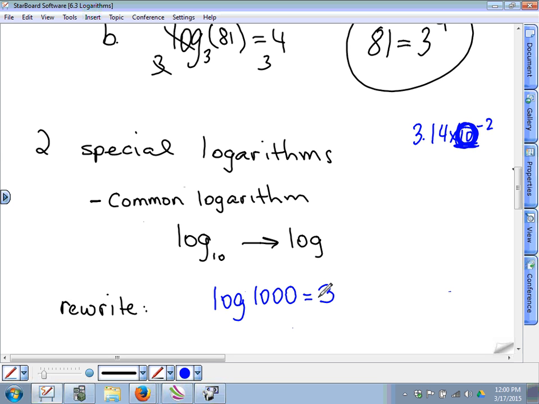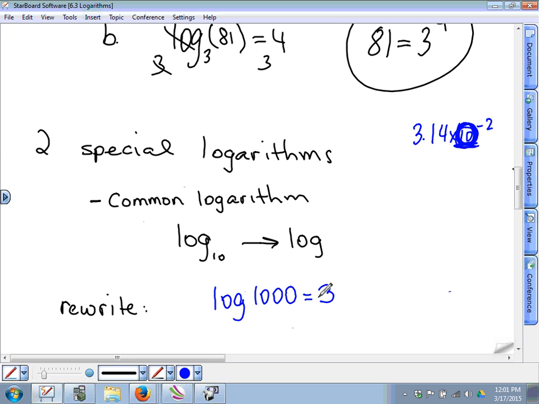Your task really is to cancel the logarithm, because in exponential form, there is no logarithm. If you push it to the calculator, the log of 1,000 is just 3.